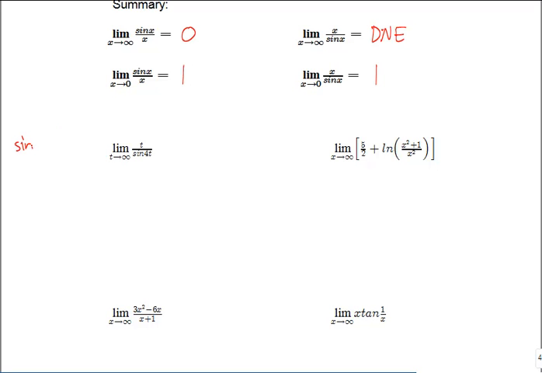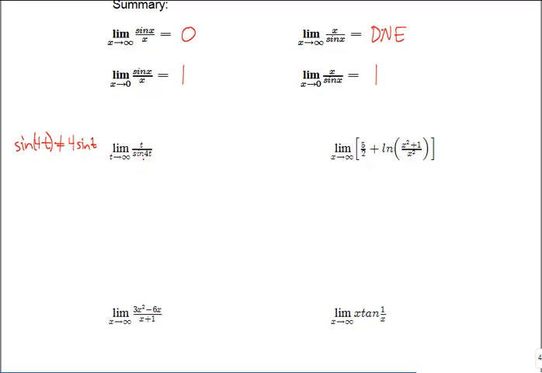So in other words, sine of 4t is not the same thing as 4 times sine of t. This 4t is part of our angle, part of our argument of sine, and it is stuck inside of that sine function. So you're not allowed to pull out your constants that are inside of your trig functions.